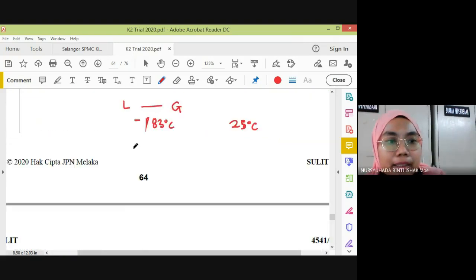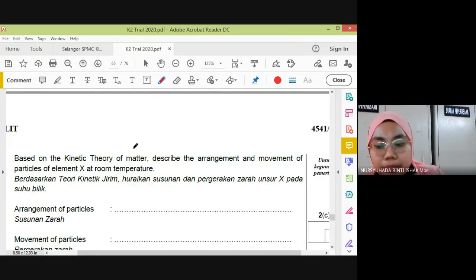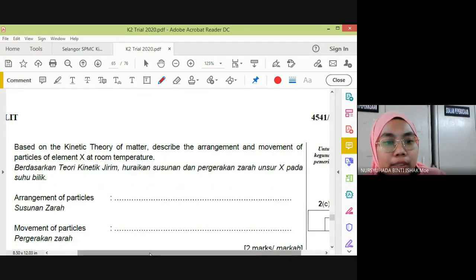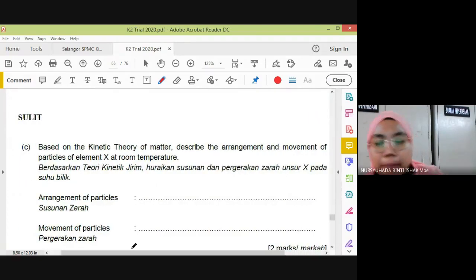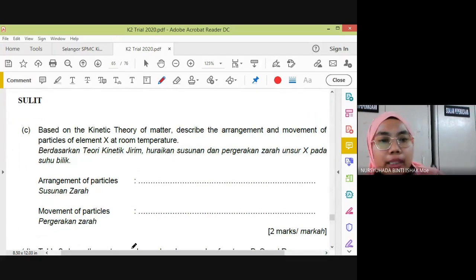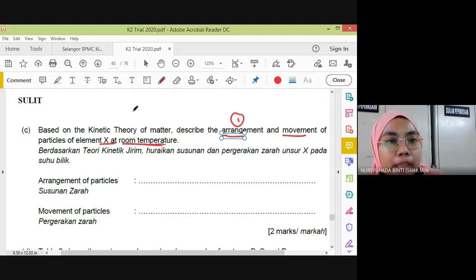Okay, we go to next question. Based on kinetic theory of matter, describe the arrangement and the movement of particles X at room temperature. So question tadi kita dah tahu, at room temperature X in the form of gas.